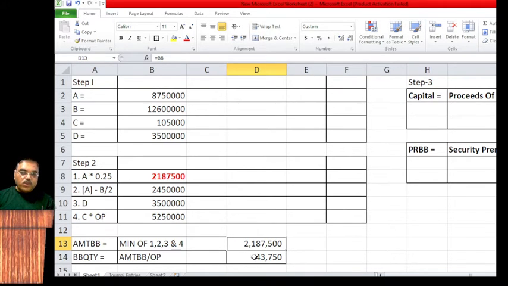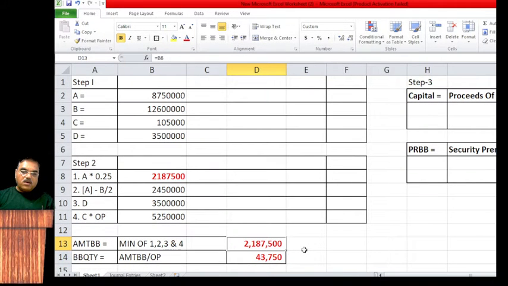Now once you get this particular amount, these figures are very important. Why? Because your whole answer depends on this amount. After calculating that second step, now we will move to the third step.